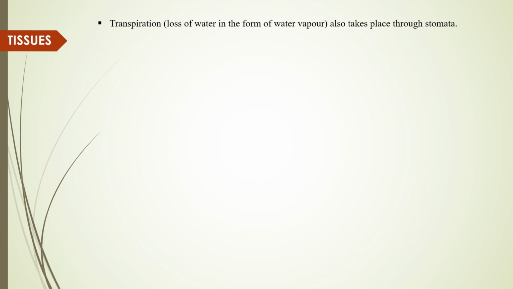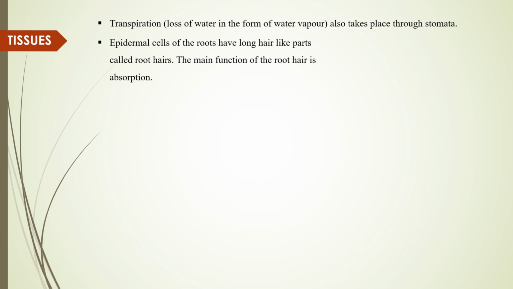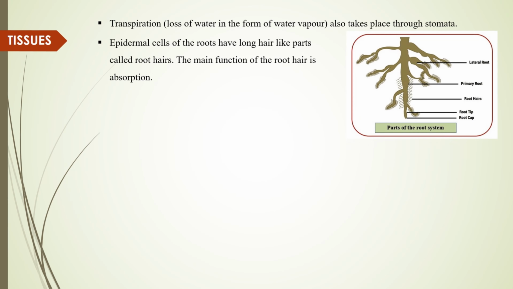Transpiration, loss of water in the form of water vapor, also takes place through stomata. Epidermal cells of the roots have long hair-like parts called root hairs. The main function of the root hair is absorption.